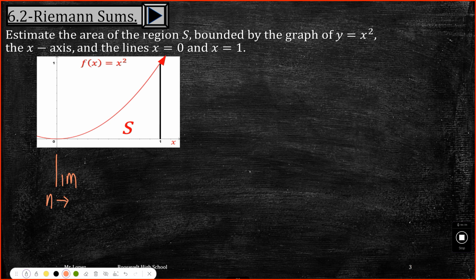So the limit as n approaches infinity of the sum from i equal to 1, summing up the first rectangle all the way to the end, of f of xi times the change of x.